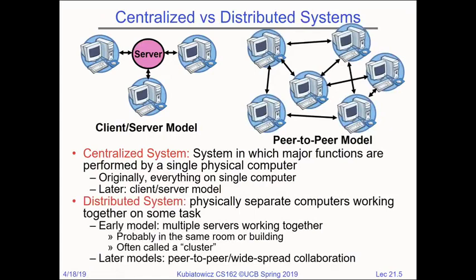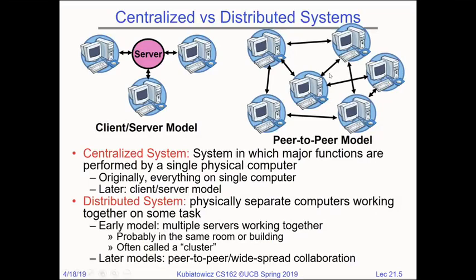More interesting is a distributed system where physically separate computers are working together on some task. In the early models, you had a cluster with a bunch of things on it, and actually a lot of the cloud services in Google and Amazon also have clusters that are in a rack or what have you.